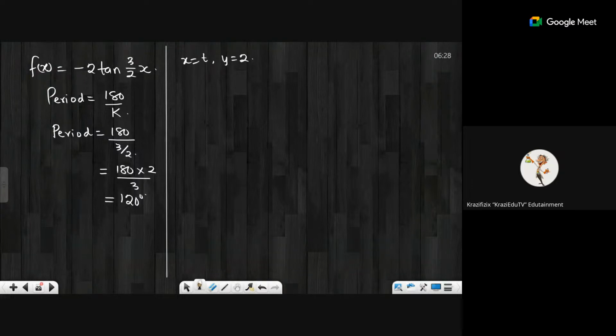Quickly, let's solve. 2 equals negative 2 tan of 3 over 2 t. Divide both sides by negative 2. What we have? Negative 1 is equal to tan of 3 over 2 t. The negative tells you I am working in quadrant number 4 or 2. What is your reference angle?